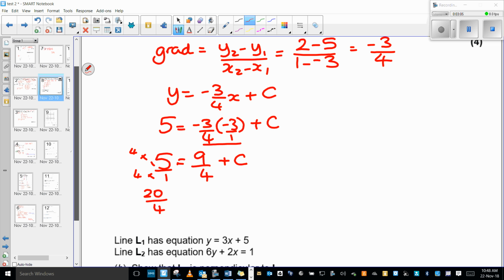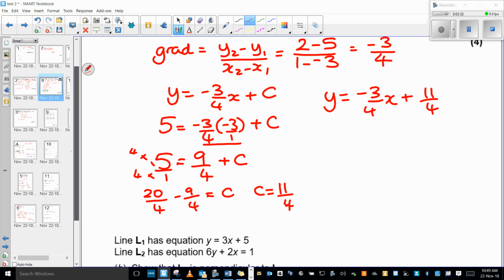Now I need to subtract 9/4 to get c on its own. So 20 over 4 subtract 9 over 4 gives me 11 over 4. So I now find the equation of my line as y equals negative 3/4 x plus 11 over 4.